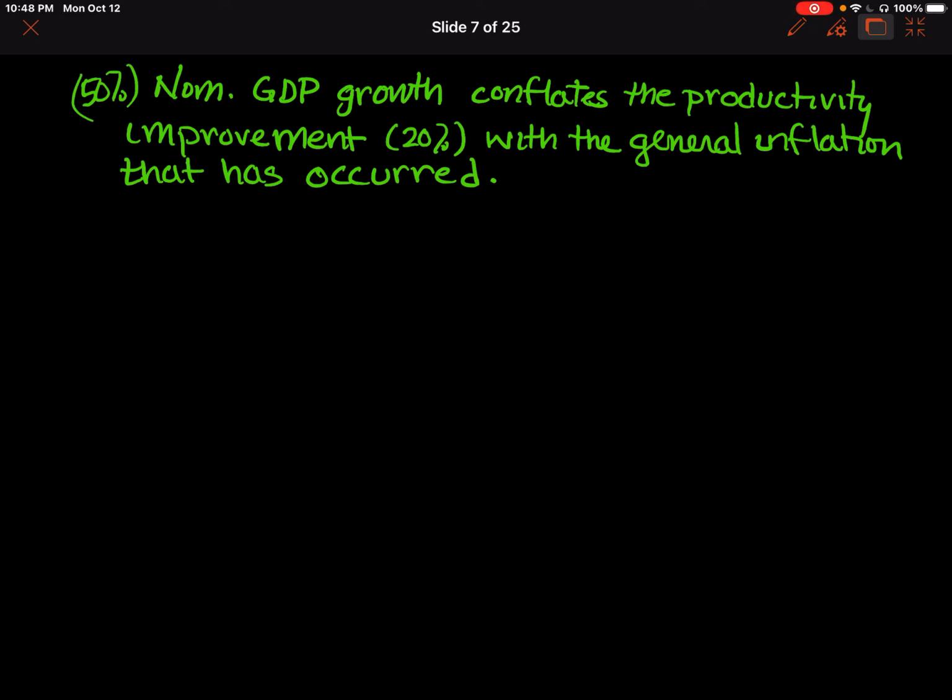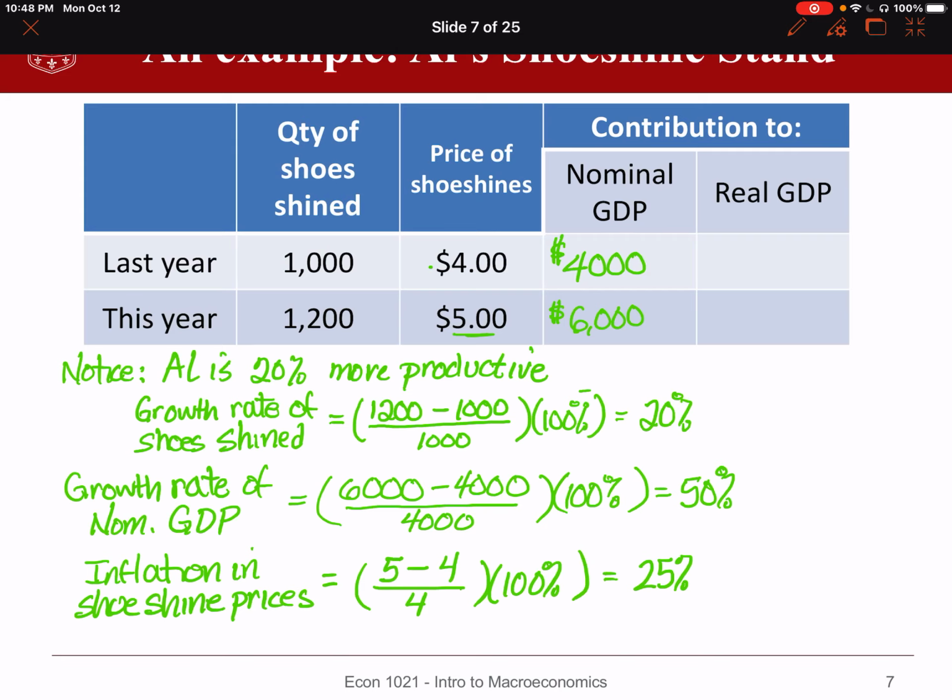So what we want to do is try to get a measure of production that controls for that. And that's what brings us then to thinking about real gross domestic product. So for real gross domestic product, what we need to do is to think about how we're going to identify constant dollar terms. So how do we control for price level changes?